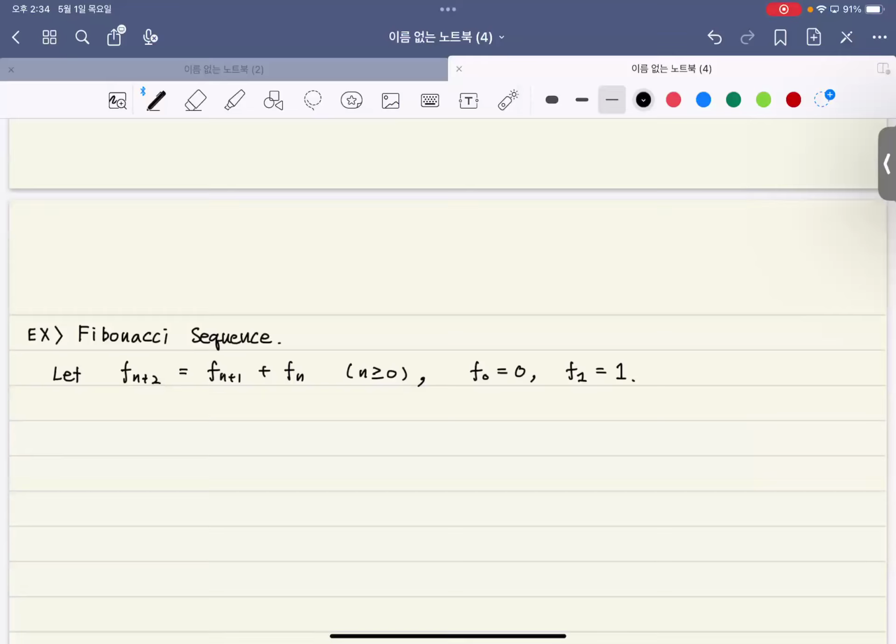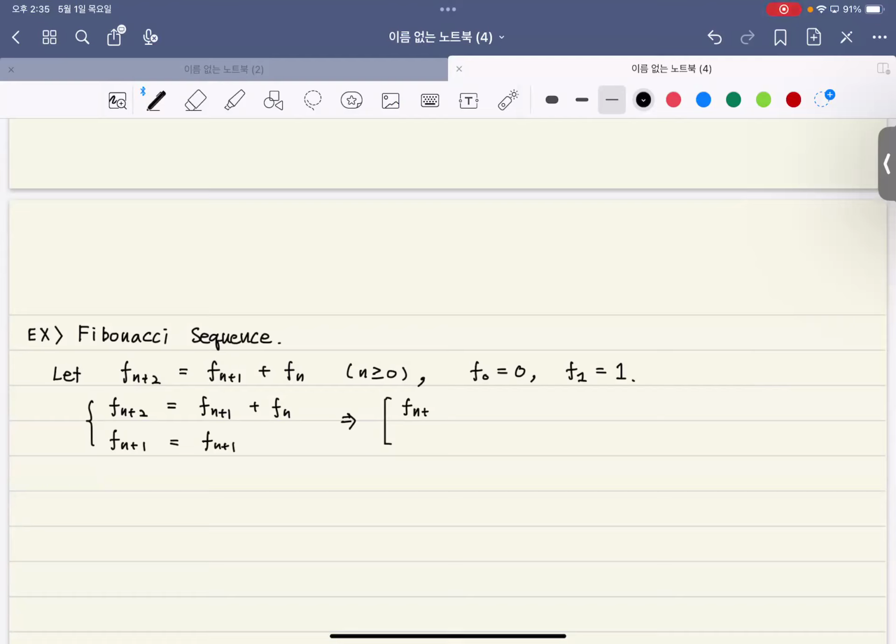There is a very clever idea. fn plus 2 is fn plus 1 plus fn, and fn plus 1 is just fn plus 1. This is a tautology and doesn't contain much information, but by doing so, I can now make this a system of difference equations of degree 1.